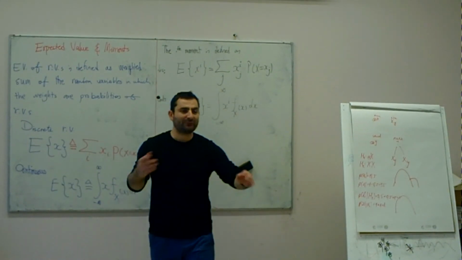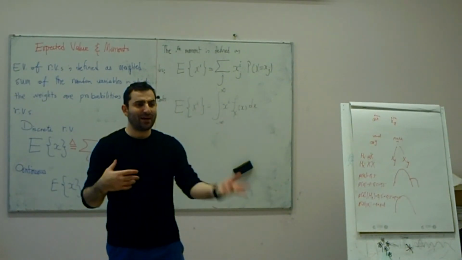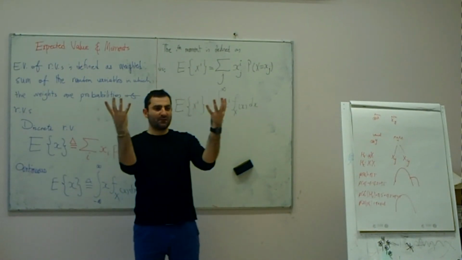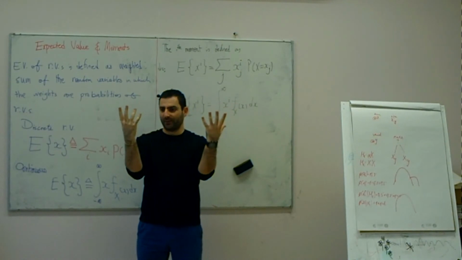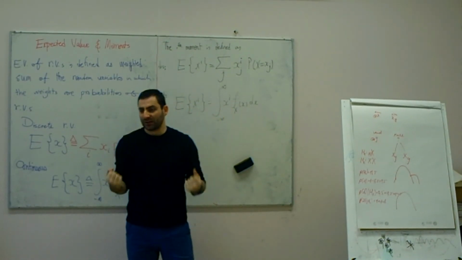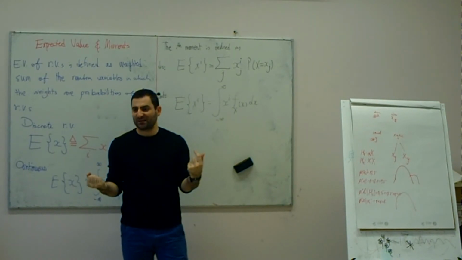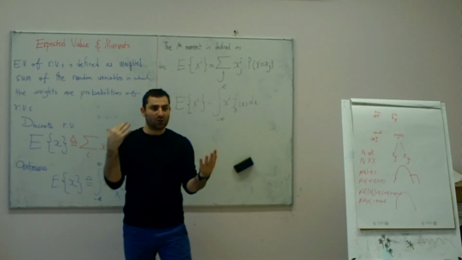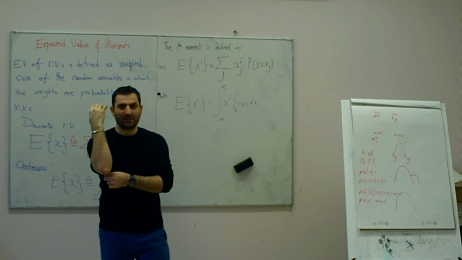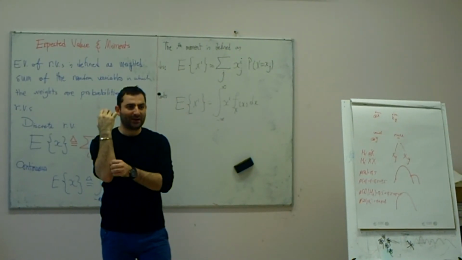Say we do an exam for 100 students. So we have 100 random variables, because the grades are also random variables.